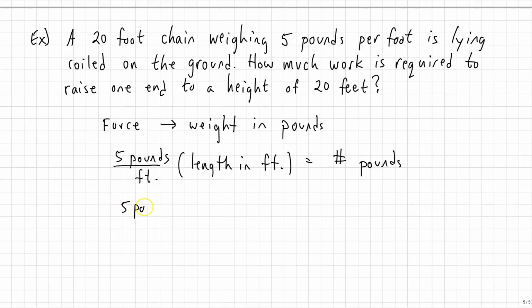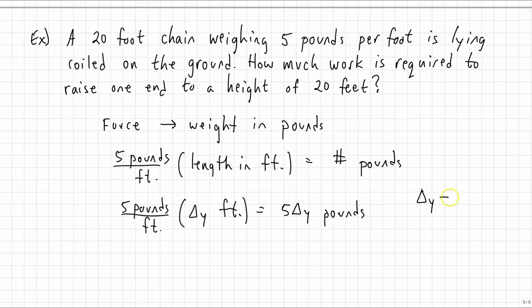So in this case, let's think of the chain as divided up into small little sections, each with a length of delta y. So we get 5 delta y pounds.